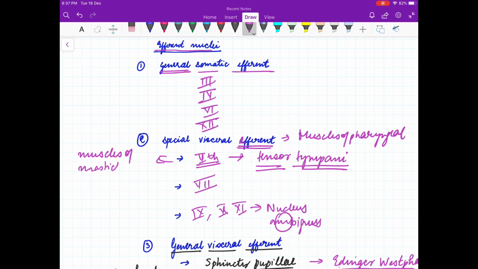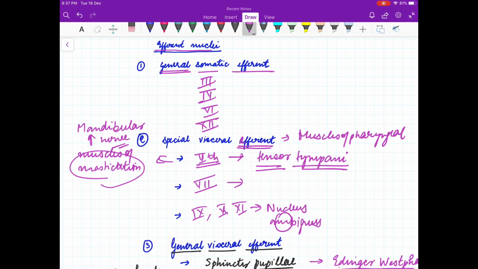What are the muscles of mastication? Muscles of mastication include temporalis, masseter, lateral pterygoid, and medial pterygoid. So all these muscles of mastication are supplied by mandibular nerve, which is a part of fifth nerve. Mandibular nerve we will discuss in detail.